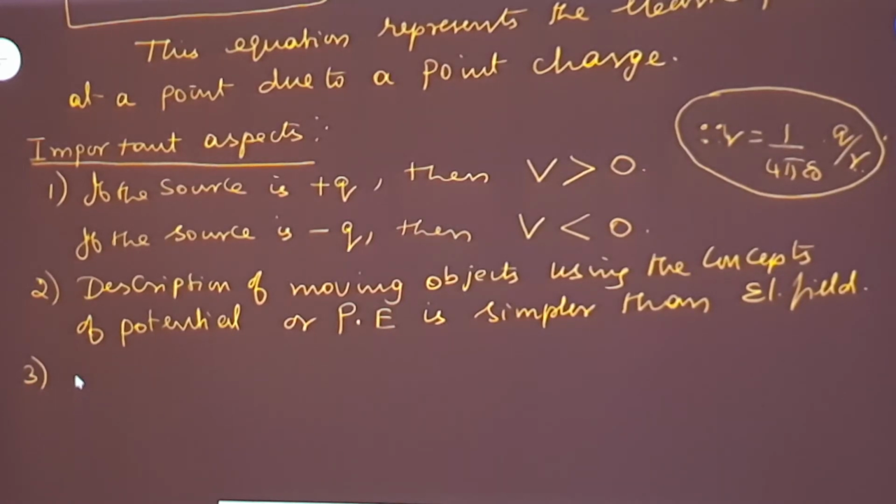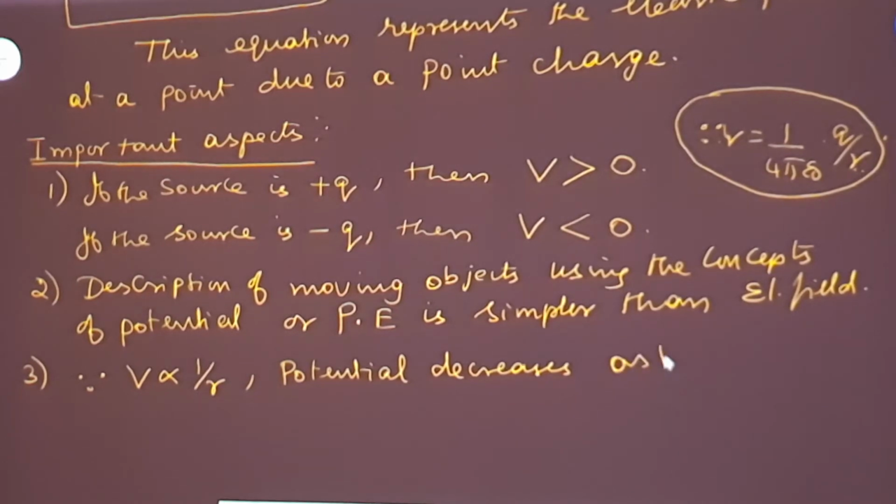So I can say, since the potential V is inversely proportional to the distance, the potential decreases as the distance increases. That is, as the distance of the point considered increases, the potential decreases, and vice versa.